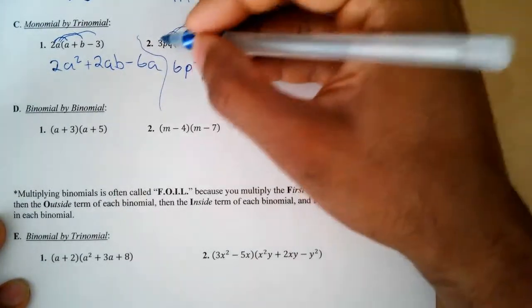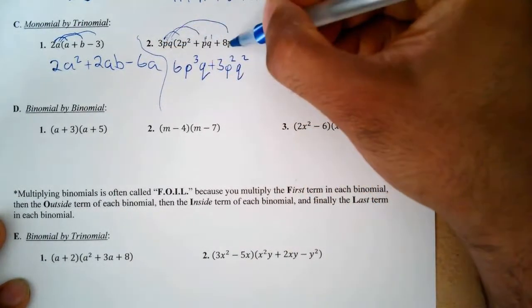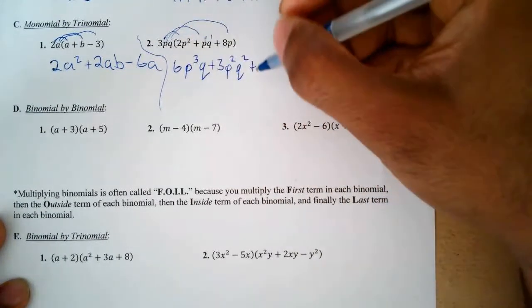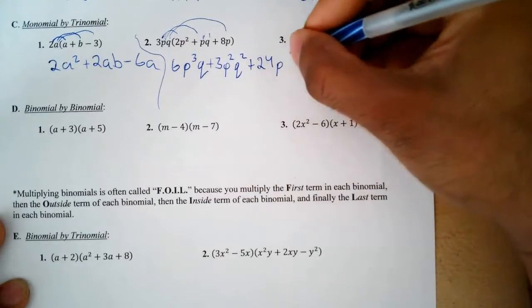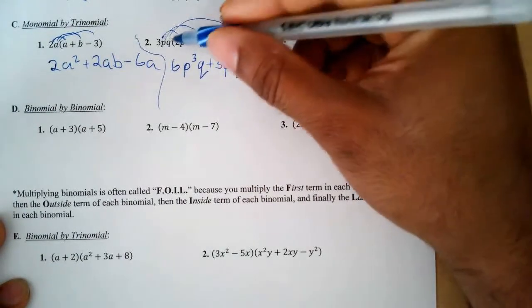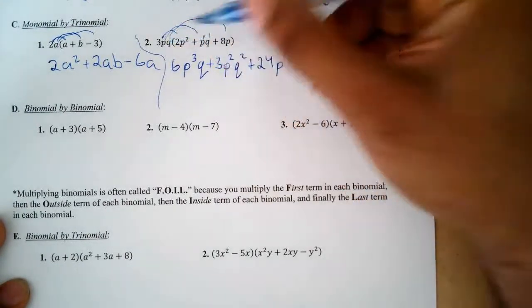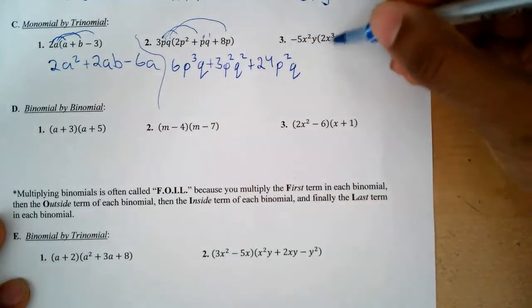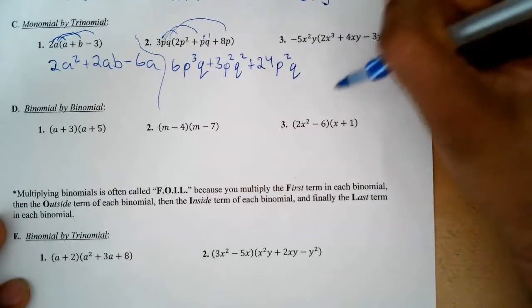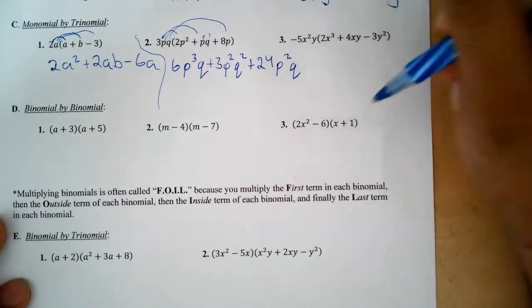And then finally 3pq times 8p gives us, so 3 times 8 is 24. They both have 1p, so together it's p squared, and only this one has a q, so just bring the q, and there you go. Yeah, so I'm running out of space for this one, but I'll post the answer key. It's the same idea, nothing new.